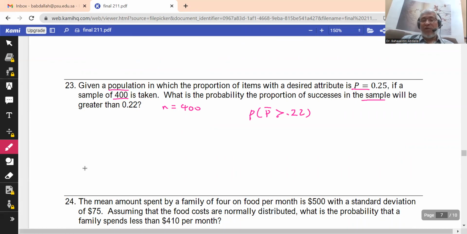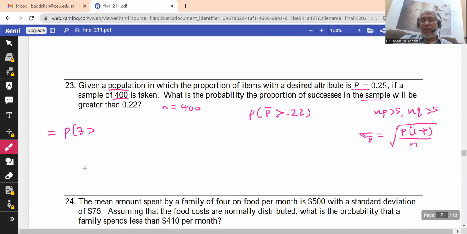Of course, you can check that n times P is greater than 5, and n times Q is greater than 5, because if you multiply 400 times 0.25, that's 100, which is of course greater than 5. So I can change it immediately to Z. To change to Z, you remember the formula for sigma, the standard error for P bar, is the square root of P times 1 minus P over n.